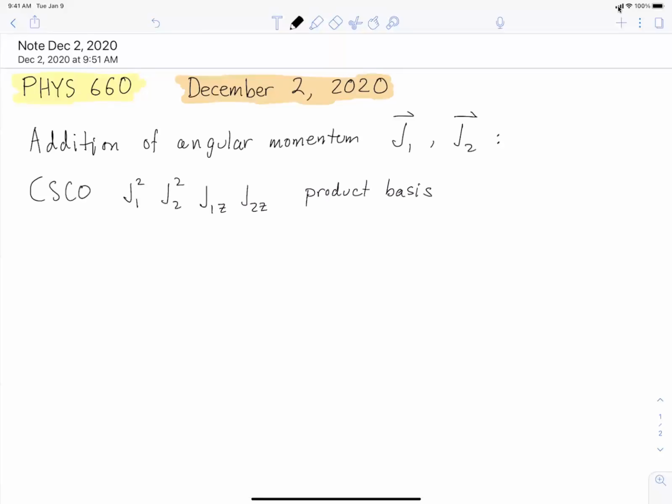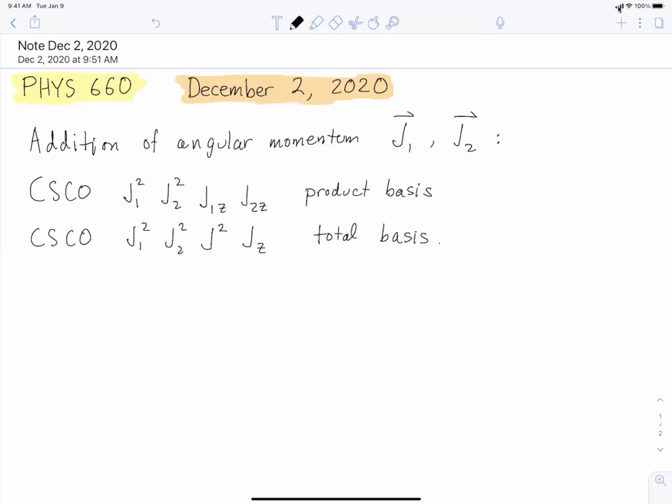And then there's a different complete set of commuting observables we can make, which is J1 squared, J2 squared, and then the total J squared, and then the total Z component. And that's called the total angular momentum basis, or I'll just call it the total basis for short.